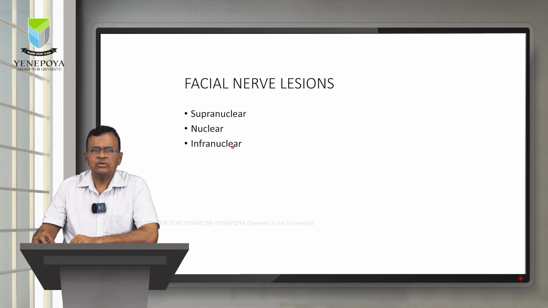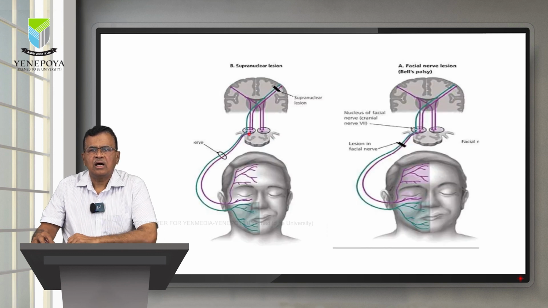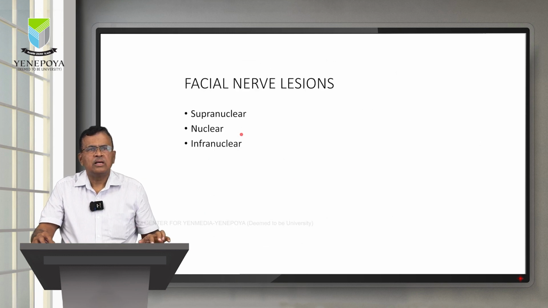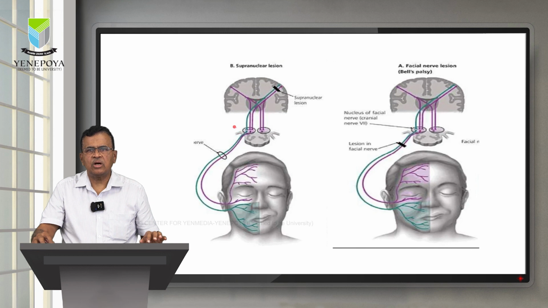The nuclear and infranuclear palsy will be lower motor neuron type of facial palsy, where it is going to affect the half of the face on the same side, whereas in case of supranuclear paralysis, there will be paralysis on the opposite half of the face. The upper half of the face is going to escape paralysis because of bilateral representation of the upper half of the face.